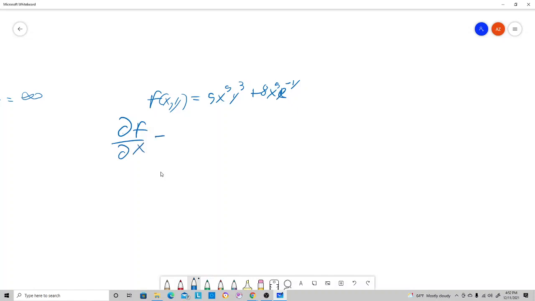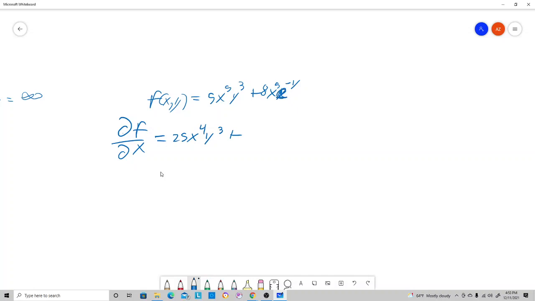So in here, the partial derivative with respect to x, we keep y as a constant, so it's just gonna be 25x to the fourth y to the third plus, we can keep, sorry, this is an e.